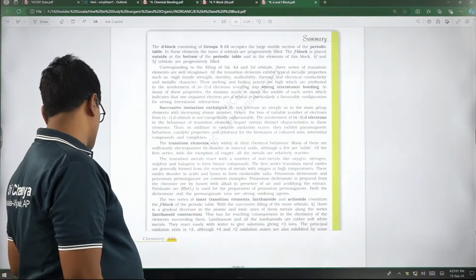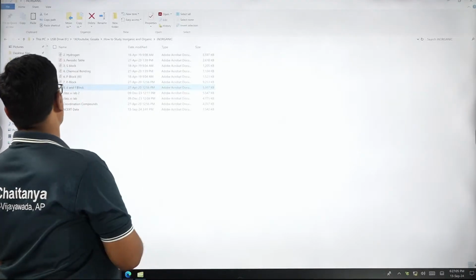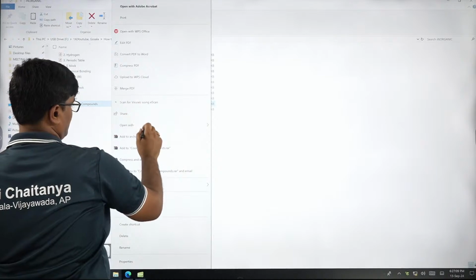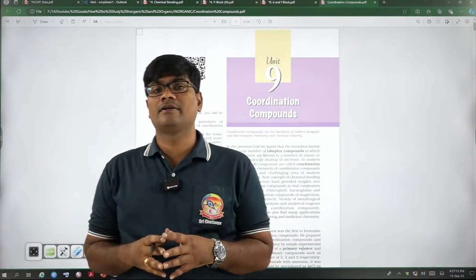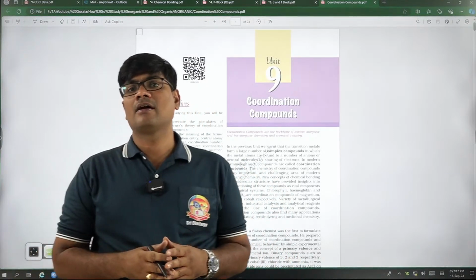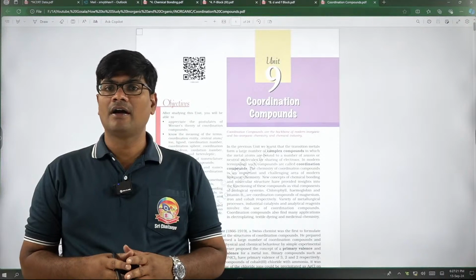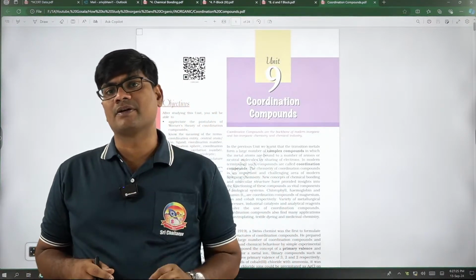Now the most important chapter, that is coordination compounds. In inorganic chemistry, if you see the weightage, chemical bonding and coordination compounds have almost equal weightage. In coordination compounds, every complex from NCERT is important.